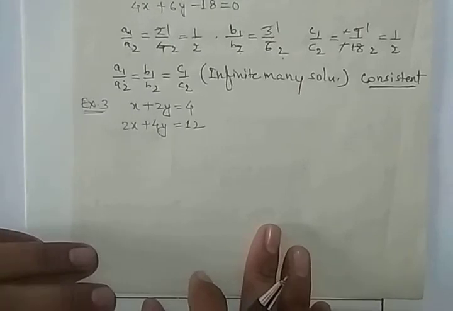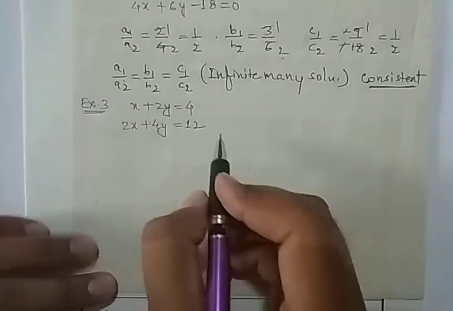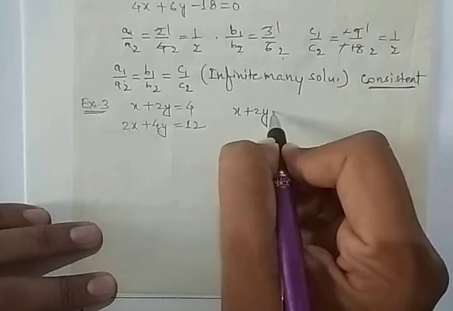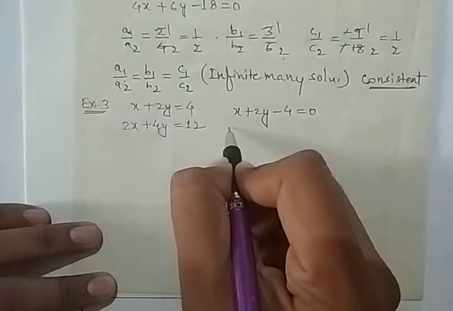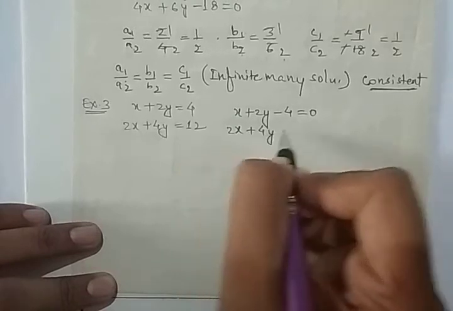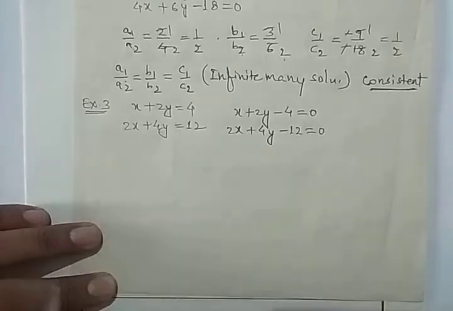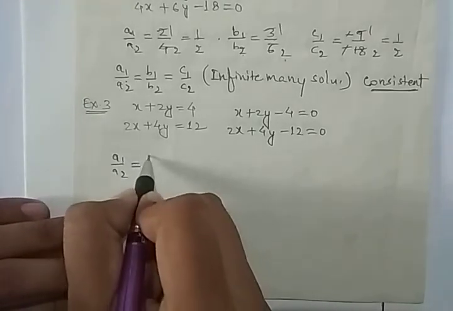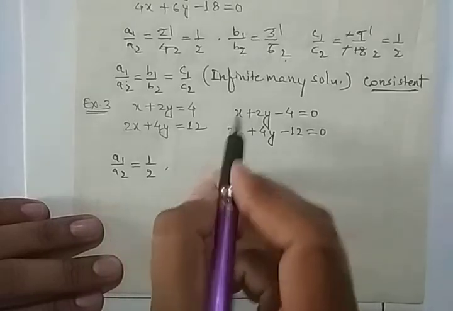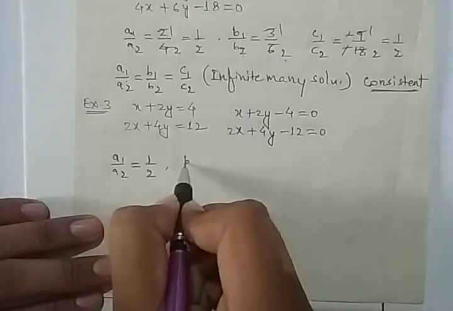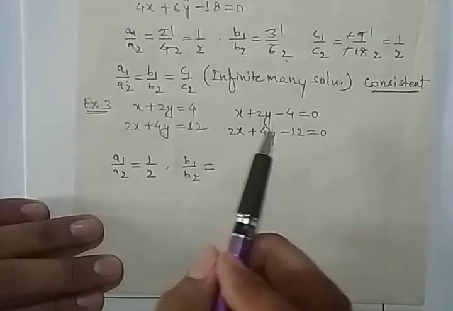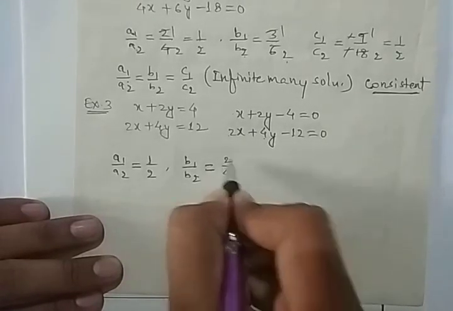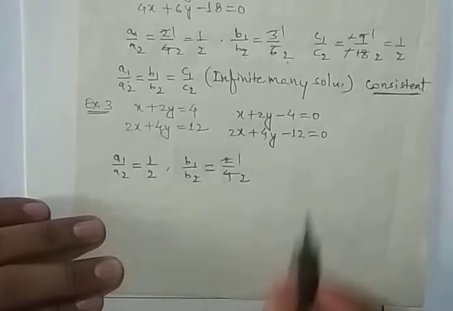Now the third example. First we will write it in standard form. Now the first ratio a1 upon a2 is 1 by 2. Now b1 upon b2, 2 by 4, that is 1 by 2.